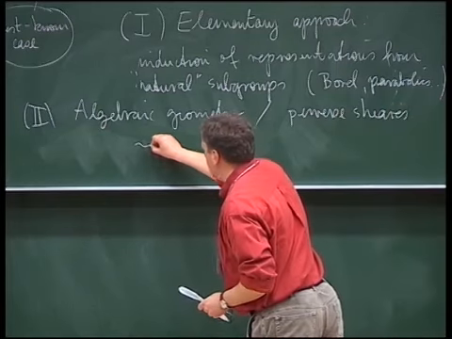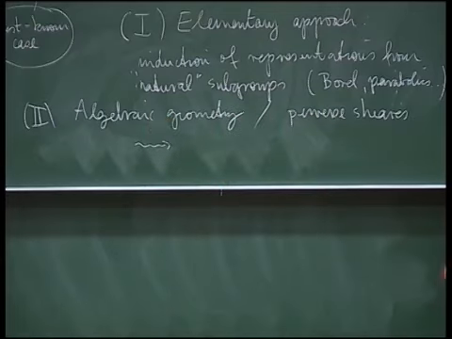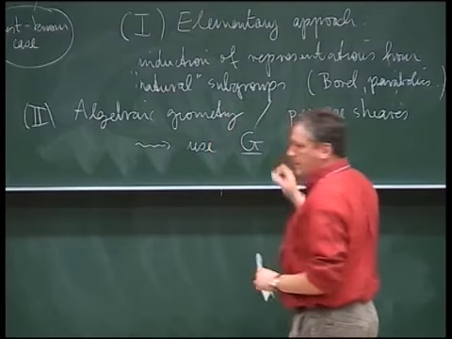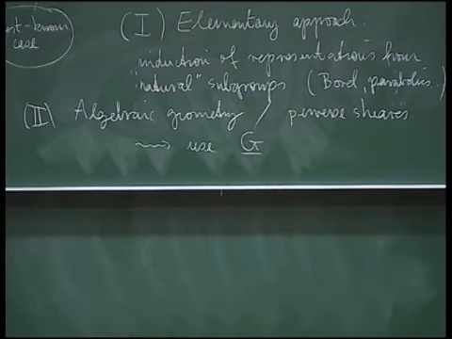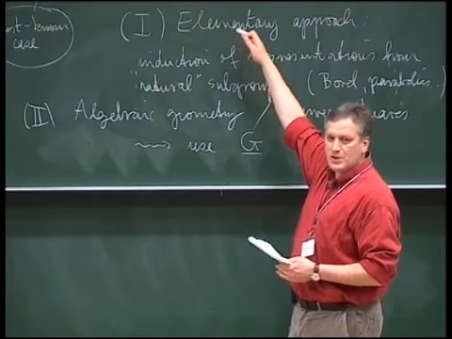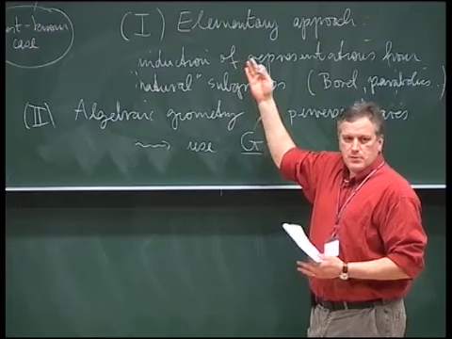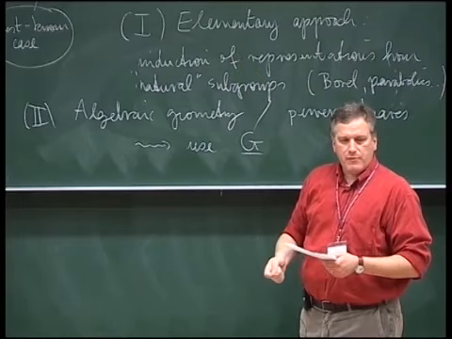So the basic idea of this second approach is really to use things about the underlying algebraic groups and the geometry that comes from there, while this first approach doesn't really use the algebraic group structure. You just stay within the framework of the finite group.